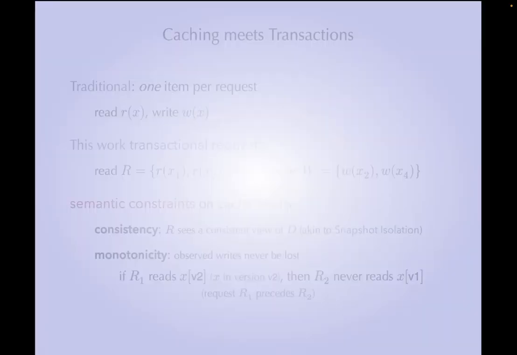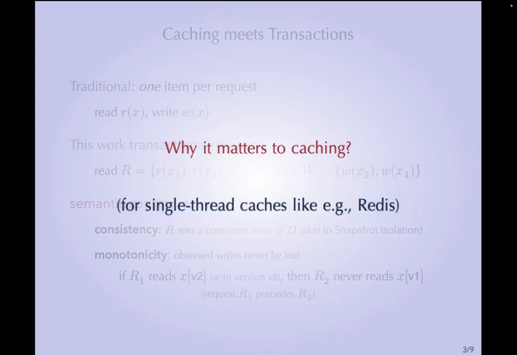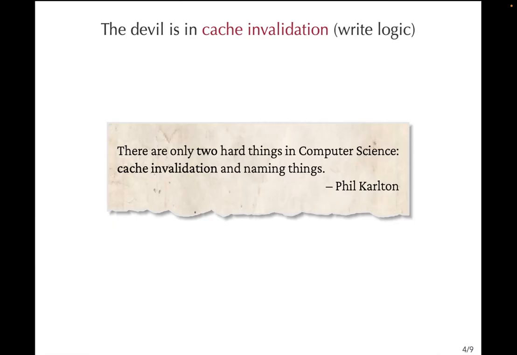So all this seems quite straightforward and somewhat irrelevant to caching. So why does it matter when we consider a single thread cache like Redis? There is no need for concurrency control and consistency should always hold. But this is in fact not the case for a side cache due to cache invalidation.